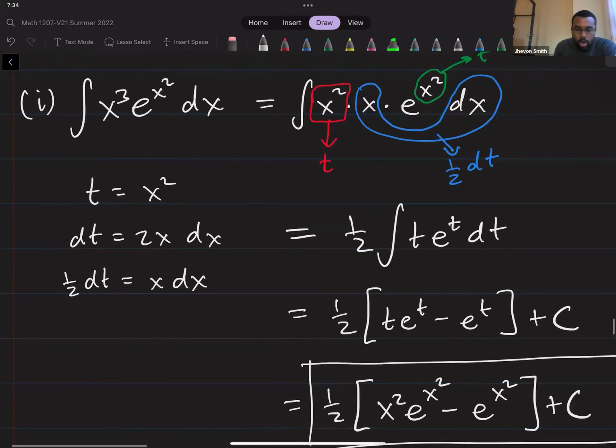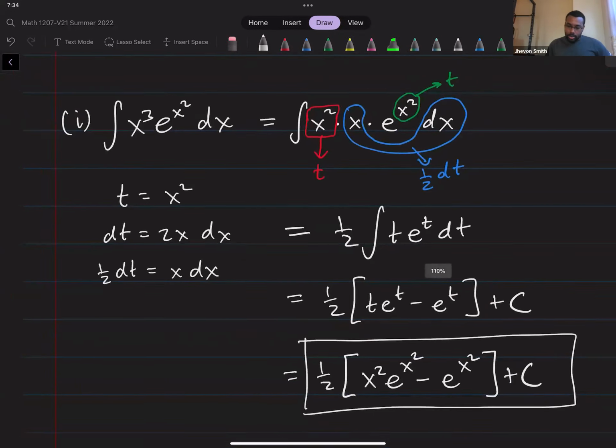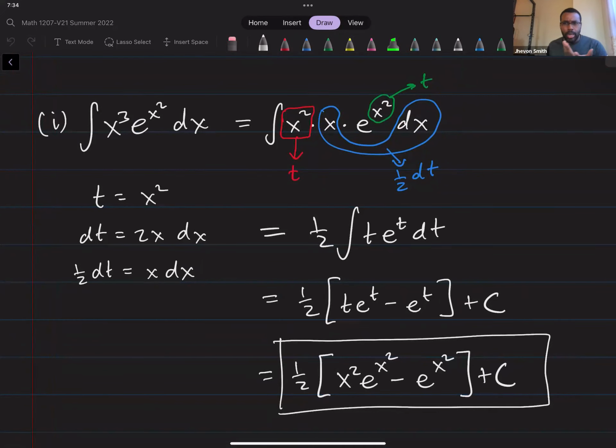Another reason why you might want to do that is because, probably this came up in Calc 1 also, you realize that there are some very simple looking functions that you can't integrate. That is one of the things that hints to you that integration can be a lot more complicated than differentiation.